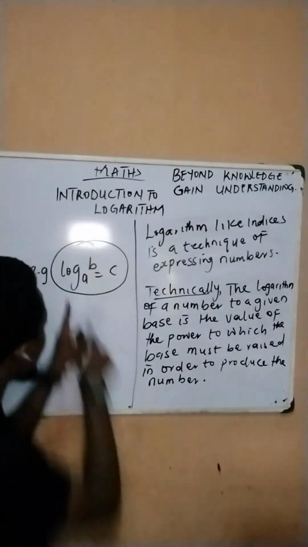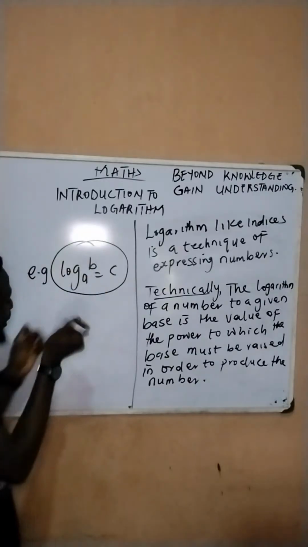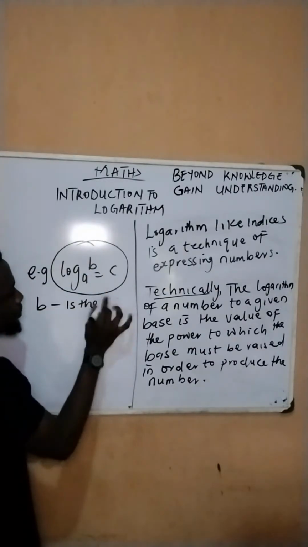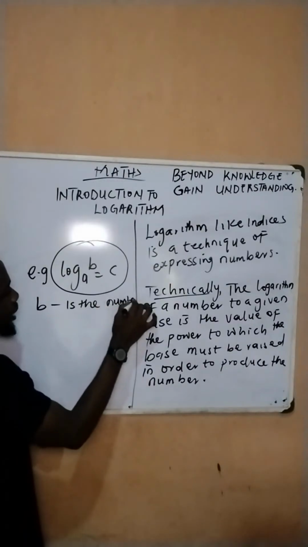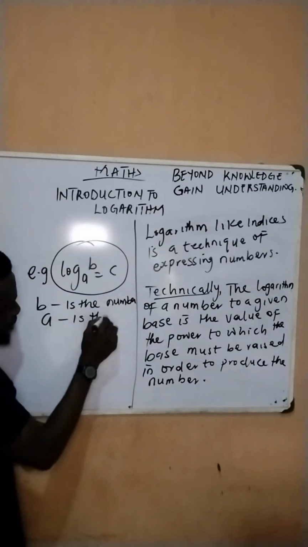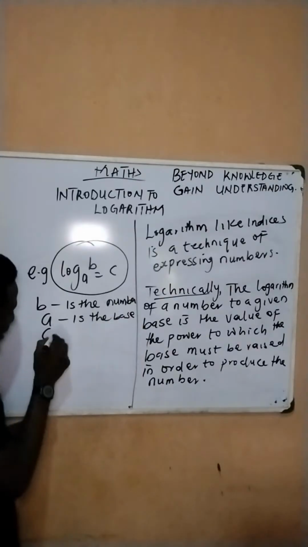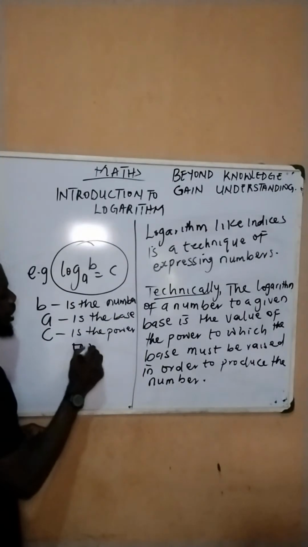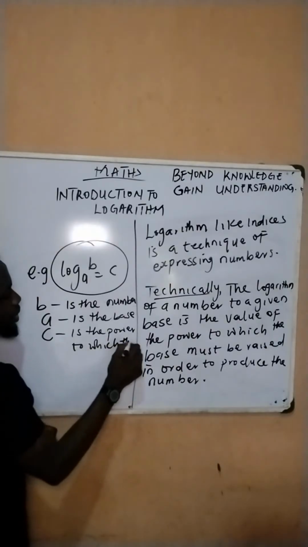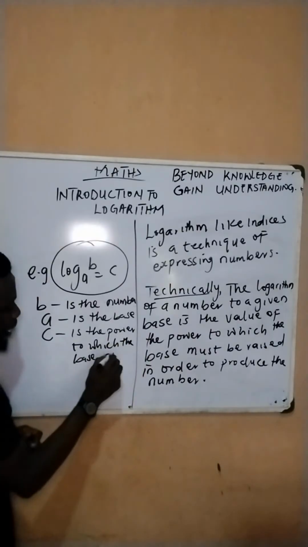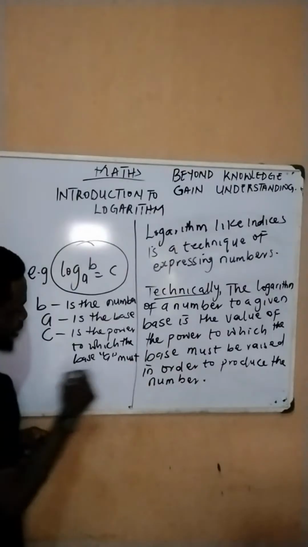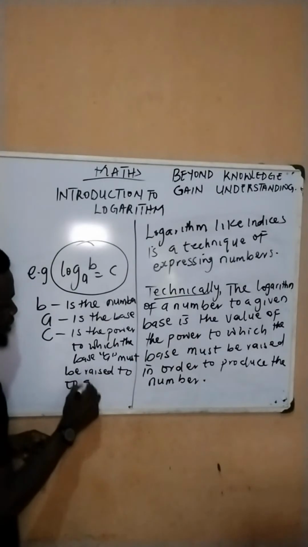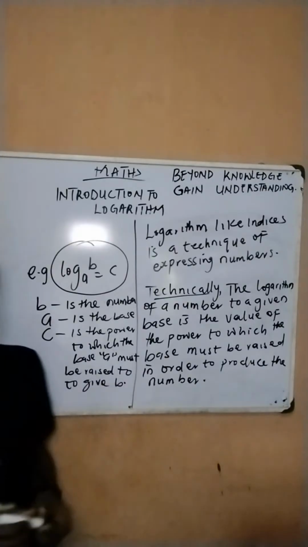Simply put, the logarithm of a number b is the number c, where a is the base, and c is the power to which the base a must be raised to give b. So you see the interconnection.